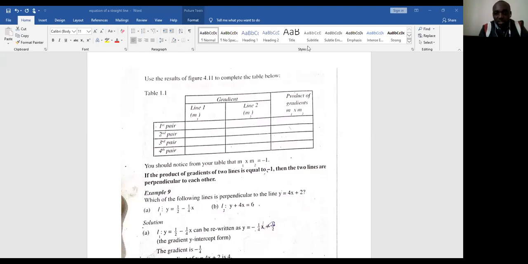So in short, let's take 2 equations from here. Let's go here and finish. Which of the following lines is perpendicular to this line? Out of these 2 lines, which is perpendicular to this? This line is y is equal to 4x plus 2. Now line 1 is y is equal to 1/2 minus a quarter x, and the other one is y plus 4x is equal to 6.